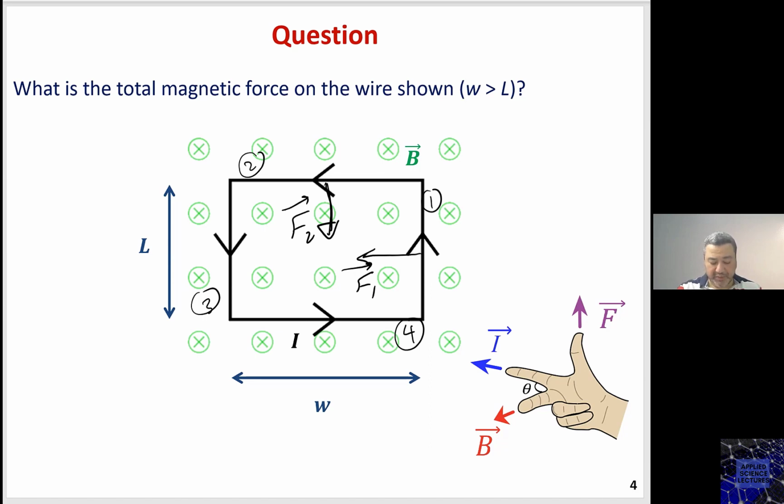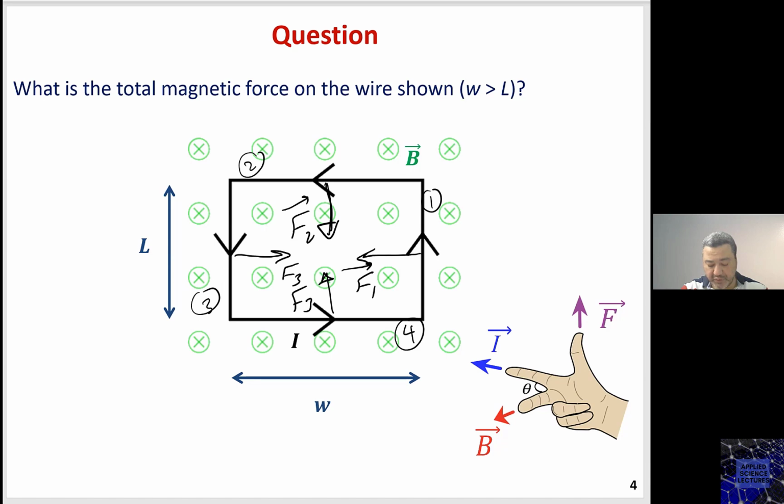Side number 3, index finger going downward, magnetic field is into the page. I have F3 going this way. And for side number 4, index finger going to the right, magnetic field is pointing into the page, then the force would be upward.